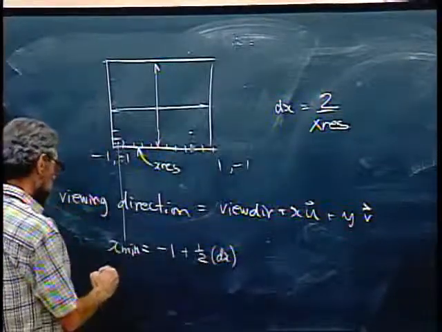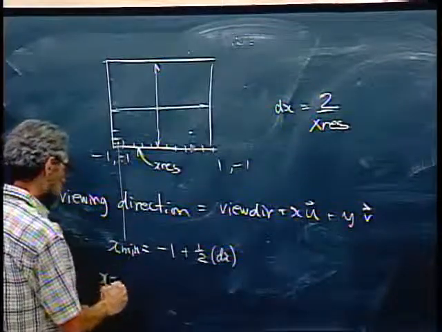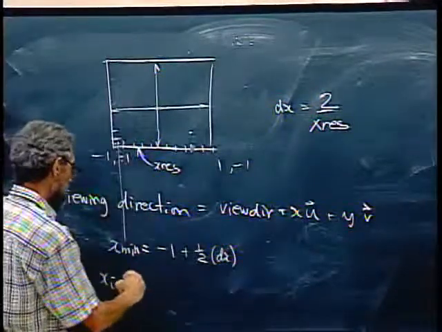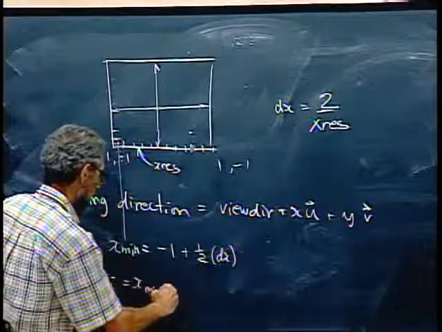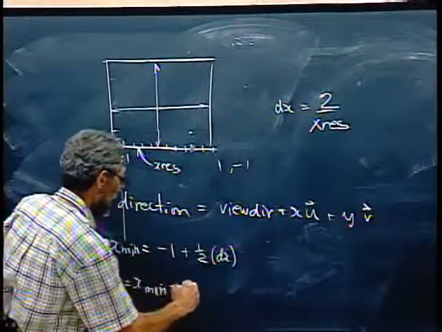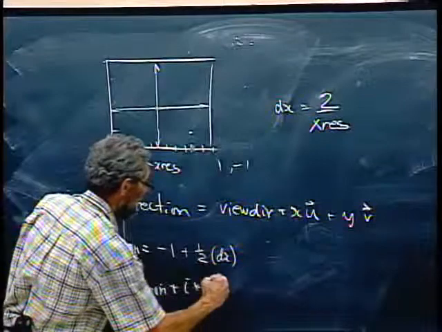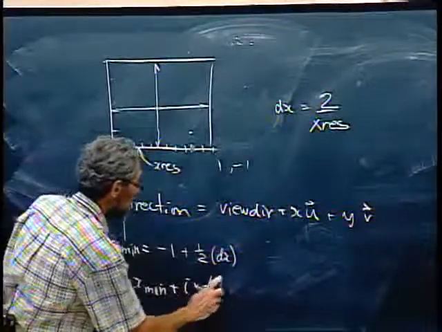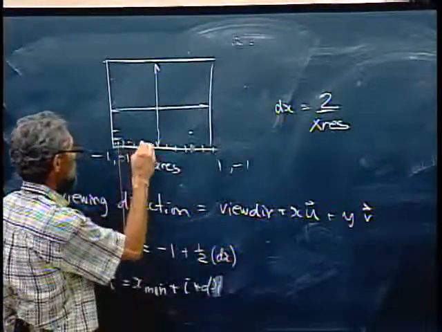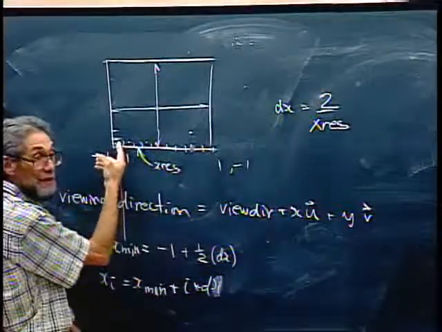And that means the x for column i in your raster array is x min plus i times dx, how many spaces over from the one with index 0.